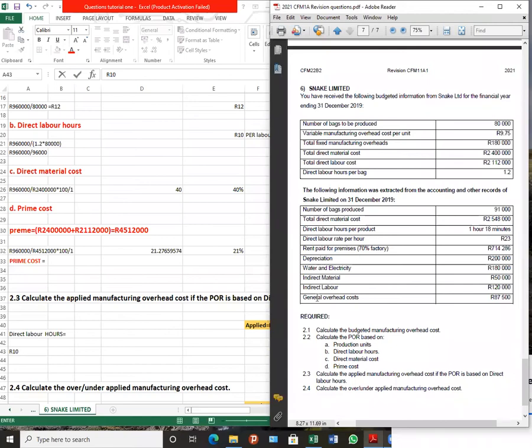Let's check how we can calculate the direct labor hour per product, which is 1 hour and 18 minutes. If you convert these 18 minutes to hours, we take 18 minutes divided by 60. You get 0.3, which means we have what?